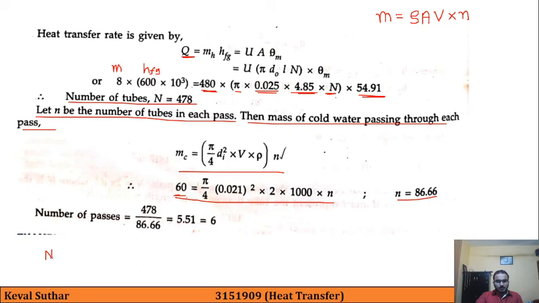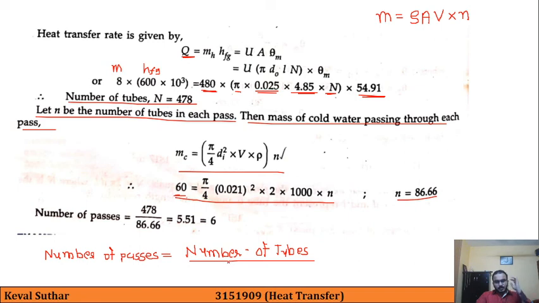So now the number of passes is given by this formula. Let me write down over here how it is achieved. Number of passes is equal to first number of tubes divided by number of tubes in each pass.